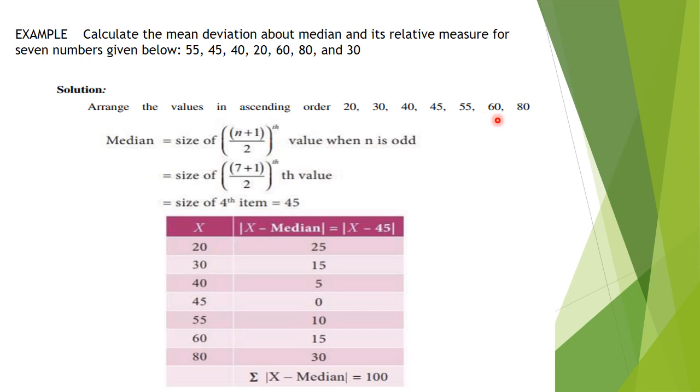Now we will make the table. First of all, we will write down all the observations, that is x, and we know that median is 45. So we subtract 45 from all the observations, that is 25, 15, 5, 0, 10, 15, 30. Sum of all the deviations is equal to 100.